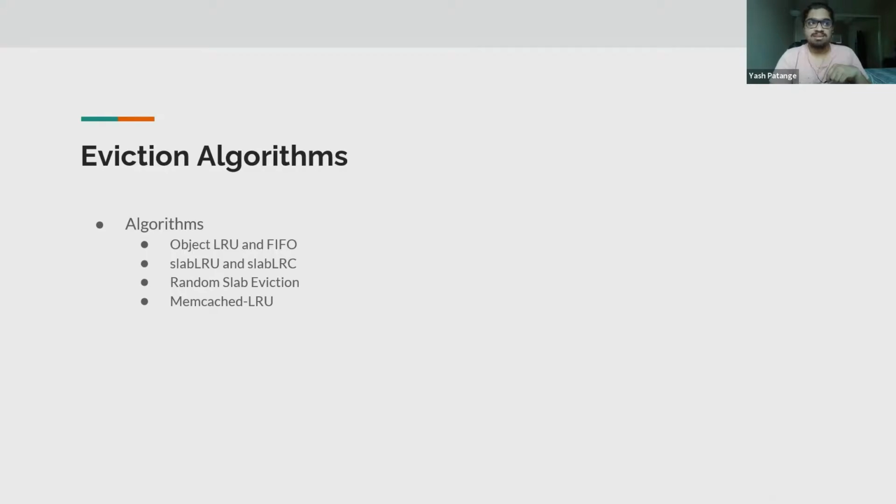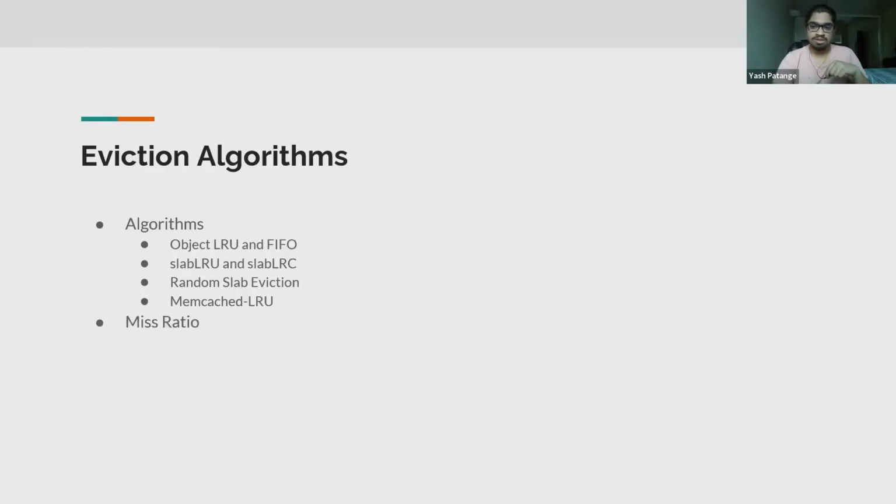Next is random slab eviction, which is basically selecting a slab at random and then purging it. It is notable that random slab eviction is workload agnostic. And then Memcached LRU is the default LRU policy in Memcached, which uses one LRU queue per slab.